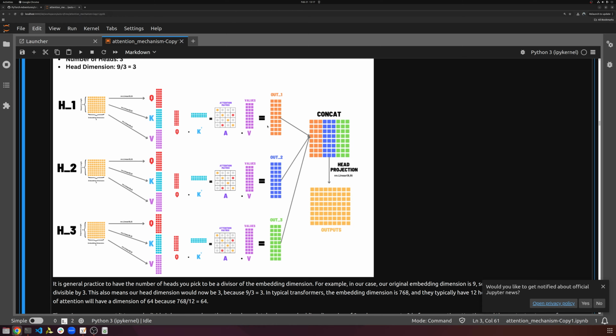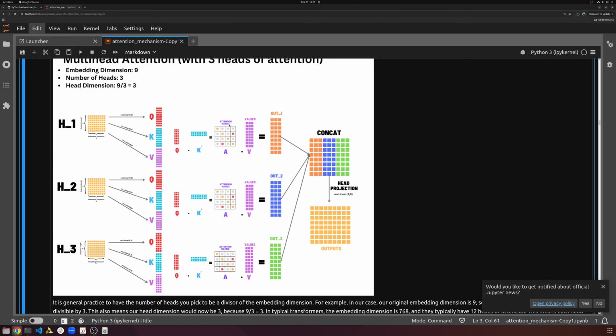But then we go ahead and concatenate them all together. So our final output is still the same shape as the initial output, except instead of doing 1 projection and producing a single output, we're doing 3 projections, each with an embedding dim of 3, and then concatenating them together to get back to the 9.